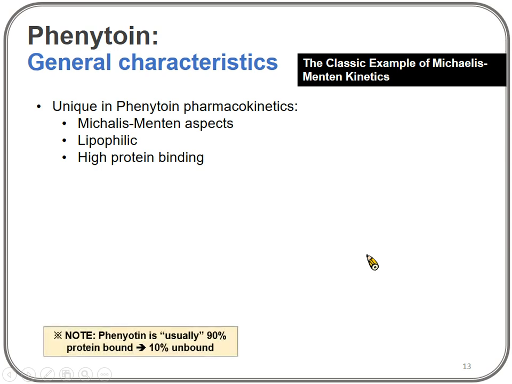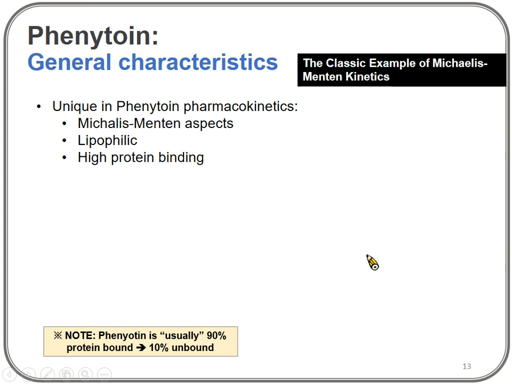When we say high protein binding, it normally means above 80%, that is, of the medication in the system is attached to protein.